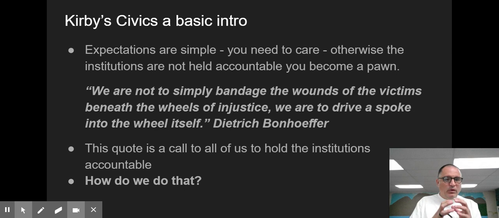How do we get to a point where your voice can rage against that and in so doing reform it into something better? It's this voice from Dietrich Bonhoeffer, this statement. It's a call to us, for us, to hold our institutions accountable. And so how we do that is really important.